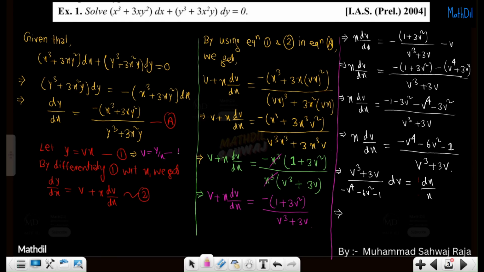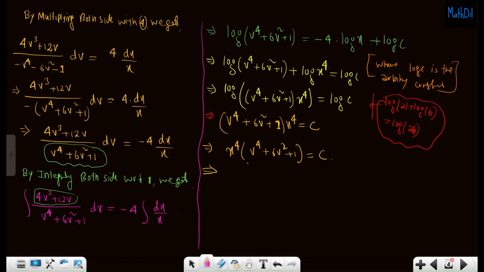And let it be equation b, okay? So use it: x to the power 4 times v, meaning (y by x) to the power 4, this term, plus 6 into v square, meaning y square by x square, plus 1 is equal to c, right, from equation b.